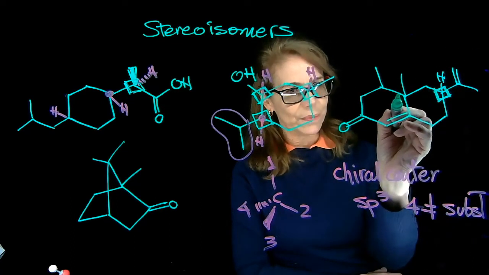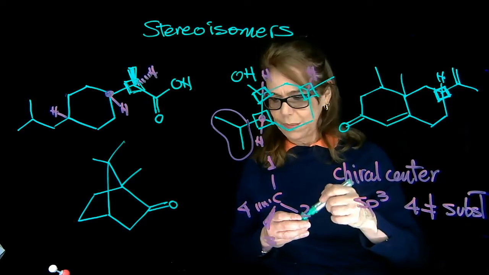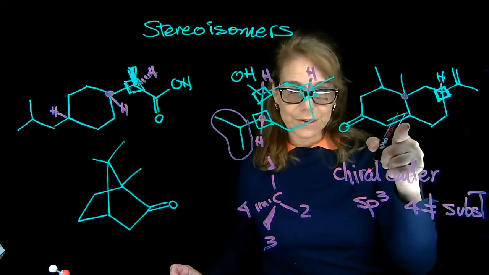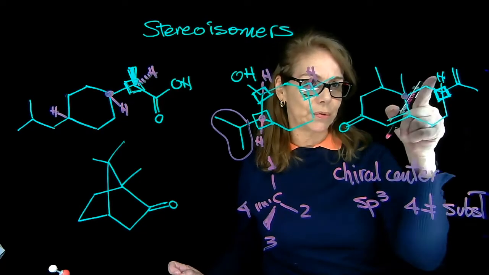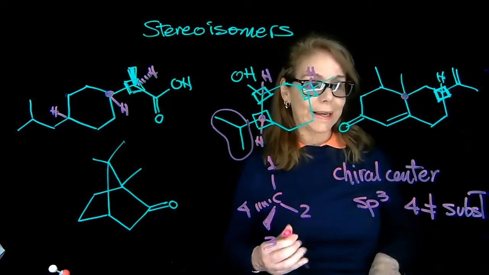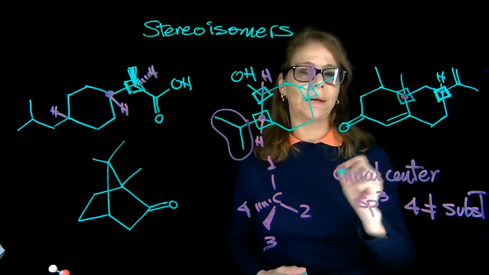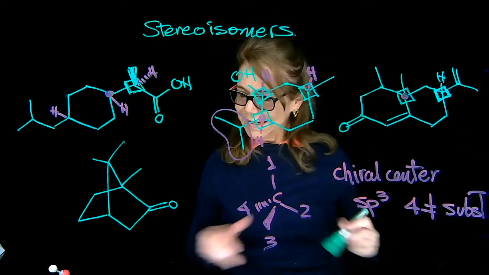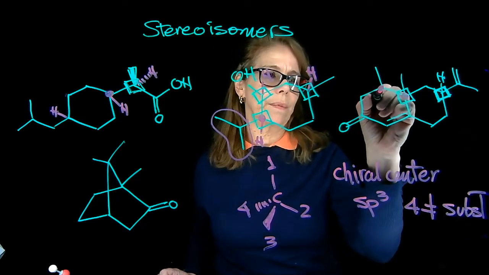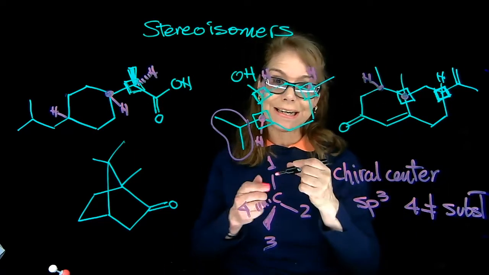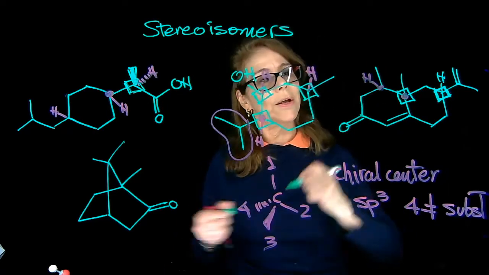Now, the carbon here has a methyl, the chain over to the bottom here is different to the other 3. So that is a chiral center, and I'm using my little box again. Another chiral center, and the carbon next to it, this one here, has a hydrogen, a methyl, and the 2 chains are different. So that is another chiral center.